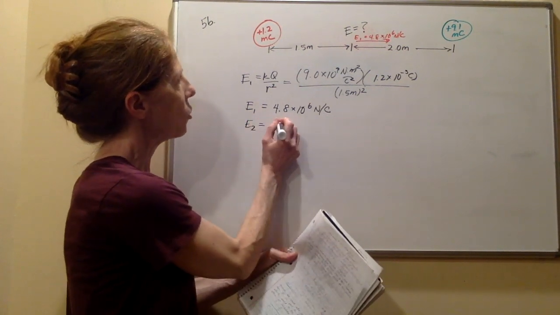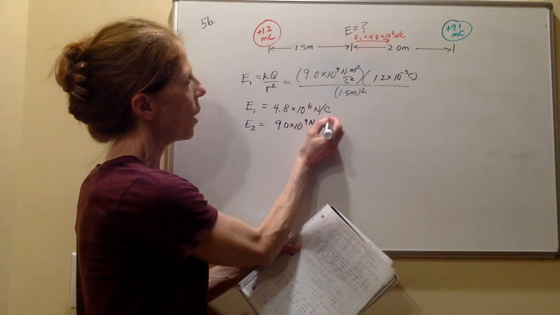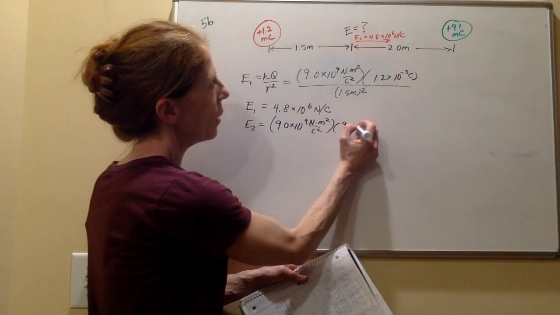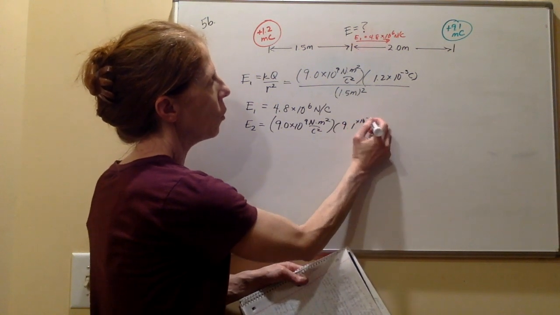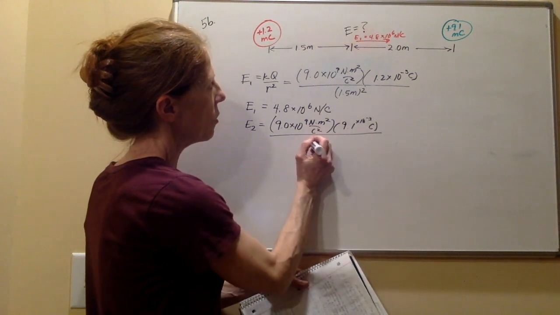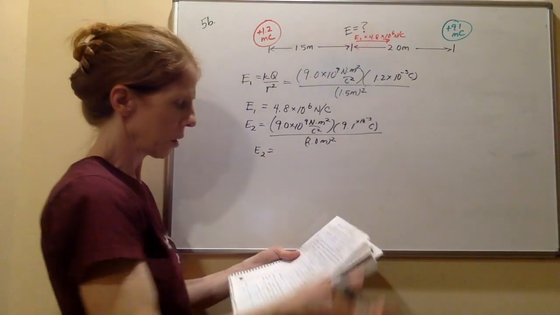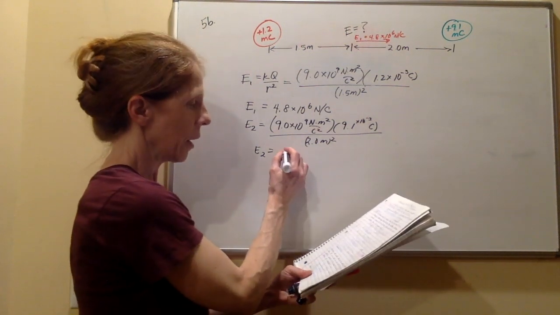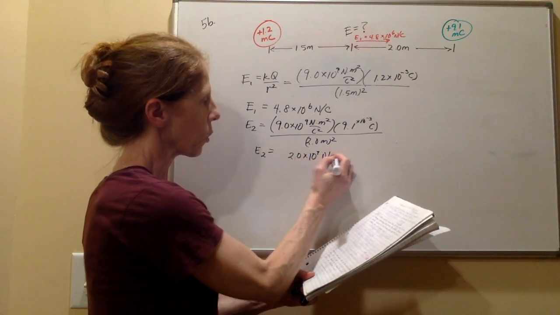E2, same equation, 9.0 times 10 to the 9th newton meters squared per coulomb squared times 9.1 times 10 to the negative third coulombs divided by the radius, 2.0 meters, squared. E2 equals 2.0 times 10 to the 7th newtons per coulomb.